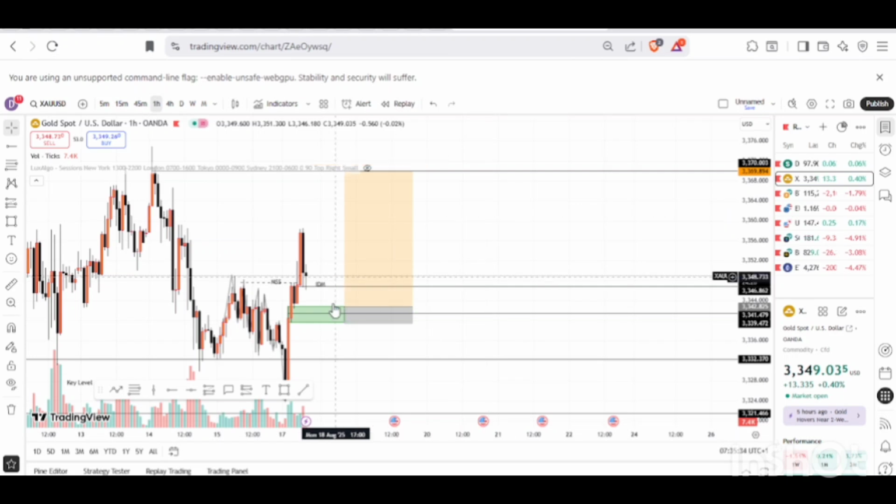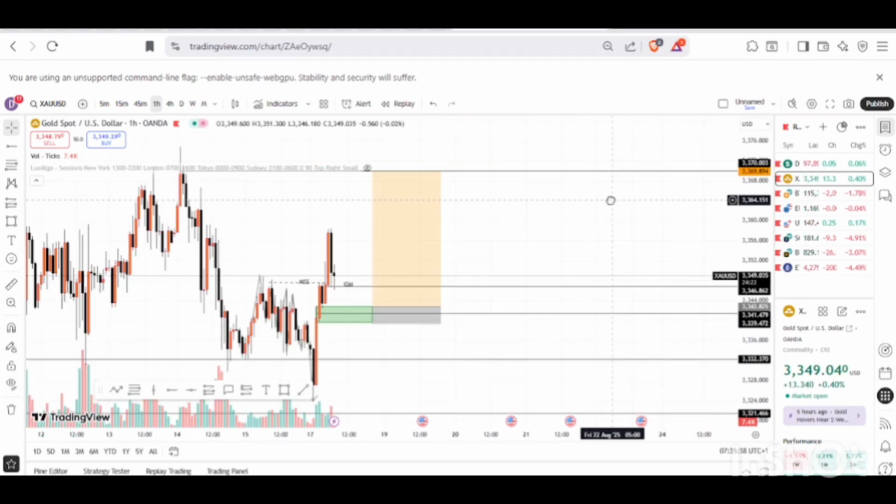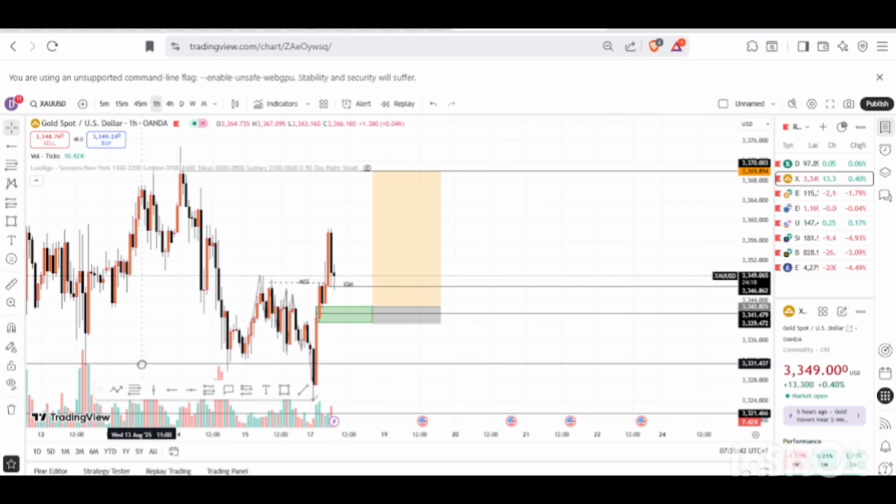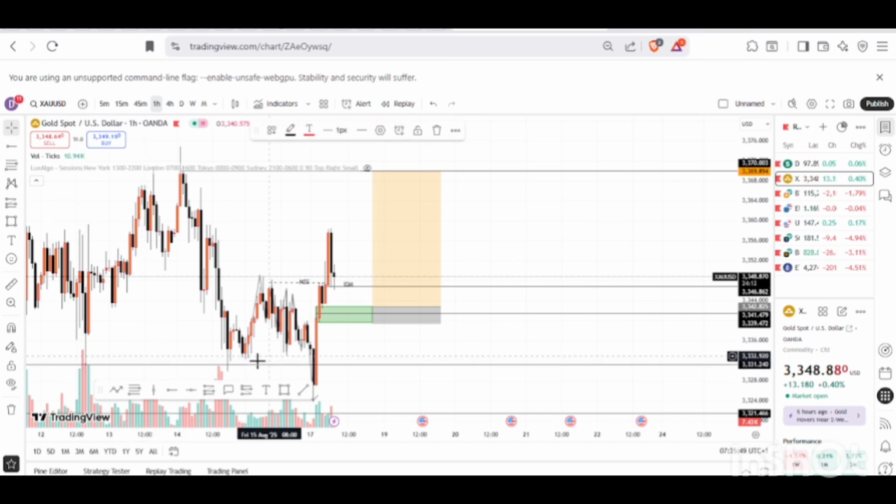The next point of interest I'll be looking at will be this. Remember, this was the previous low for Thursday, and this is OTE for me. This is the previous low, Tuesday, got swept by Thursday, and then Thursday low got swept by Monday.